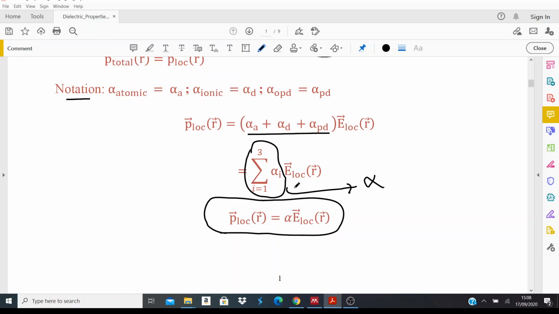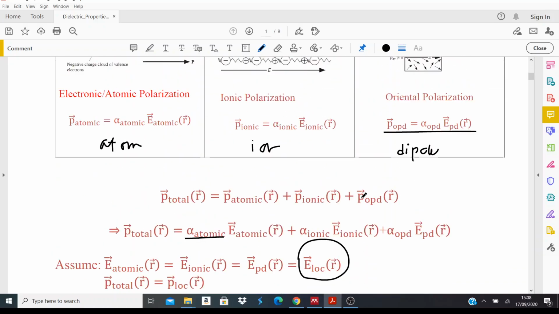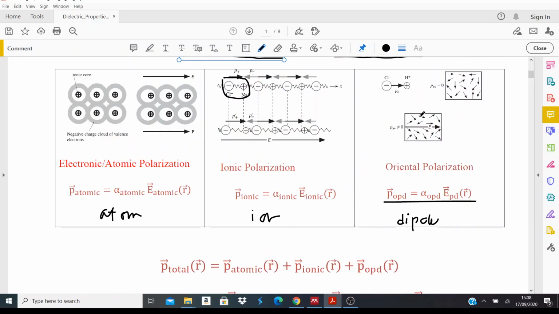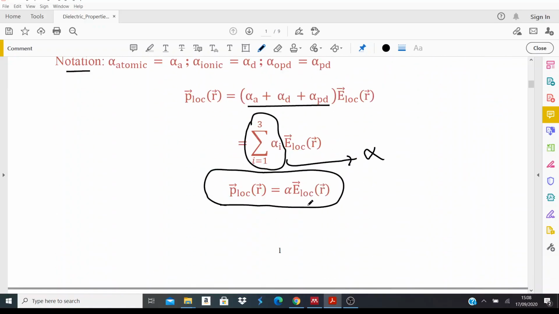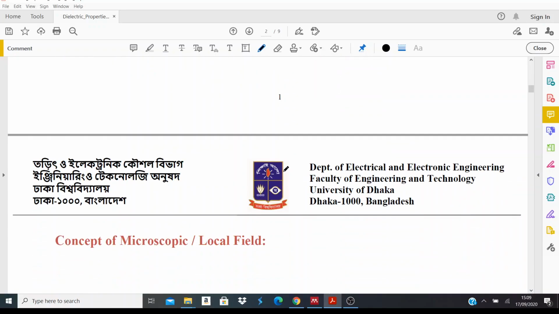So this is a very consistent expression for the material, but the crucial point is that although we know how much electric field we are applying to this material externally, which is easy, we really don't know what this local electric field is. That's why, in the study of dielectric materials, it is important to understand the distinction between the local electric field and the externally applied electric field. They are not the same, and we want to make this distinction.